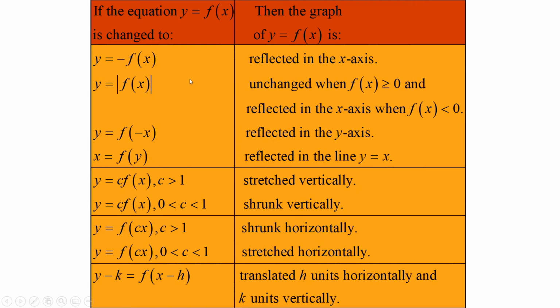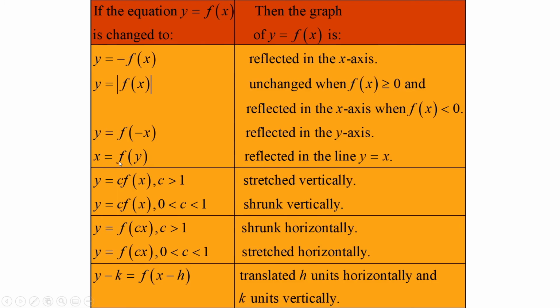Well, that function f will be unchanged when f of x is greater than or equal to 0, and reflected in the x-axis when f of x is less than 0. How about y equals f of negative x? Well, that's going to be a reflection in the y-axis.